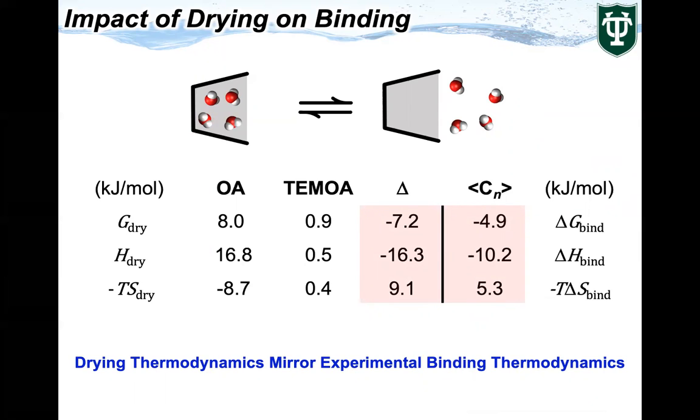And so, in fact, we believe that this drying can actually manifest itself in the guest binding properties of hosts, and tells us that perhaps we can design hosts to bind guests with specific thermodynamic properties.